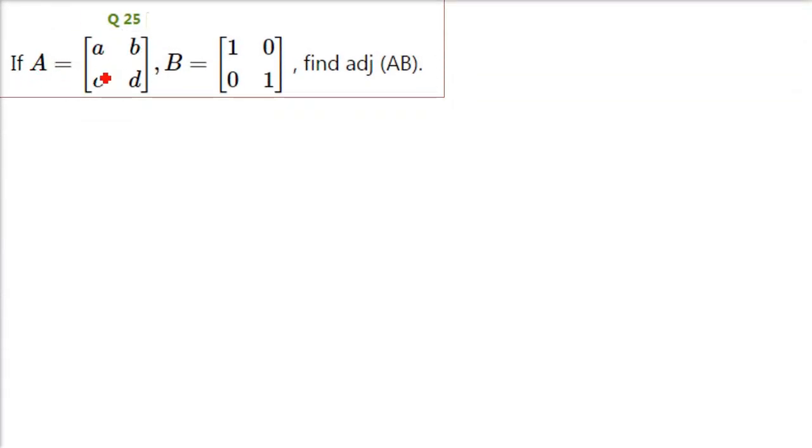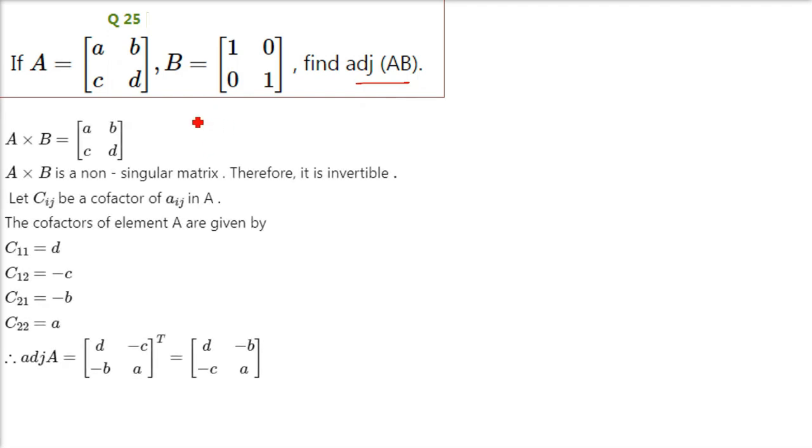If A is this, B is this, find the adjoint of AB. So see, here you just have to observe the question. Once you observe the question closely, you see that B is nothing but the identity matrix, B is I. So when you multiply A with B, A can be any matrix, but B is the identity matrix.